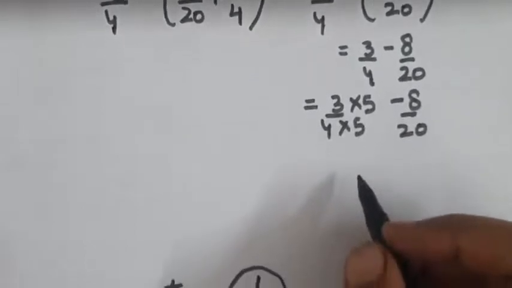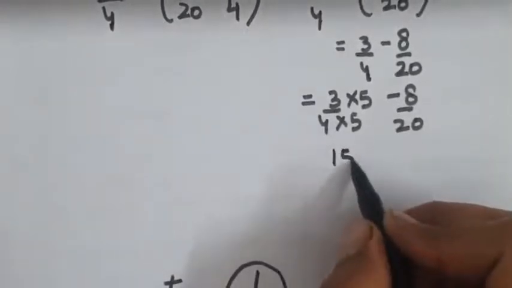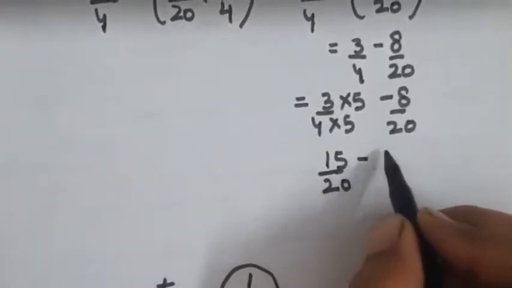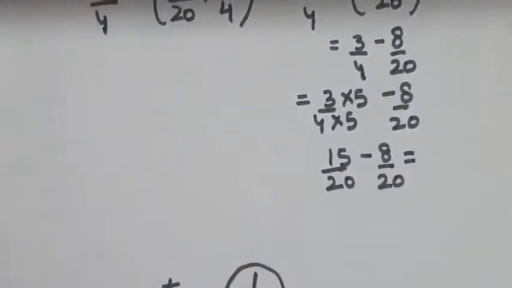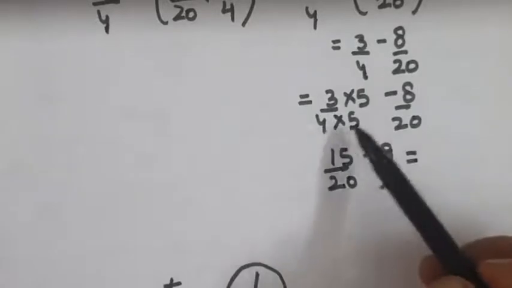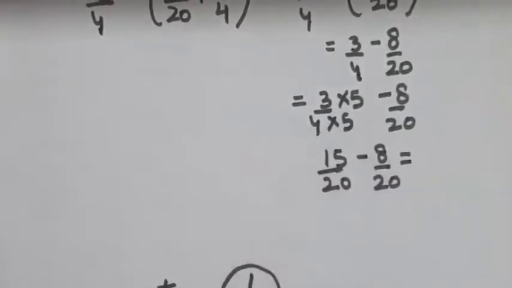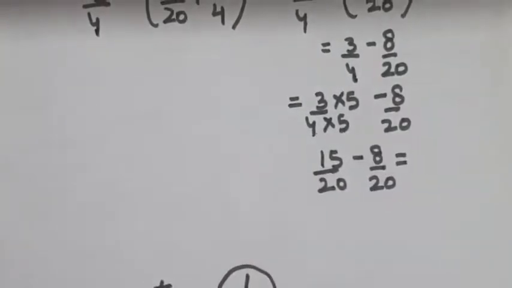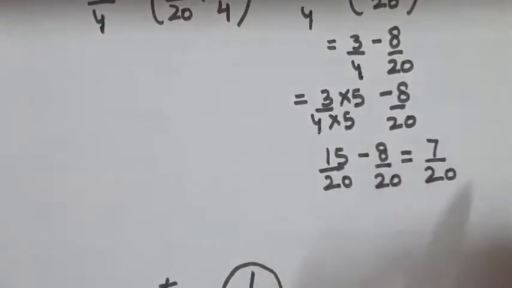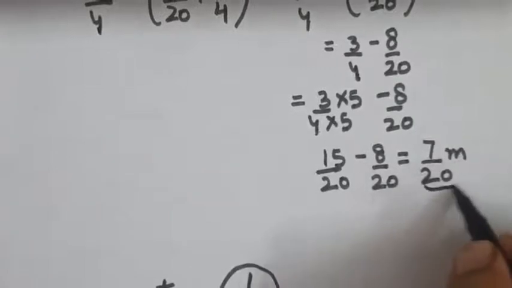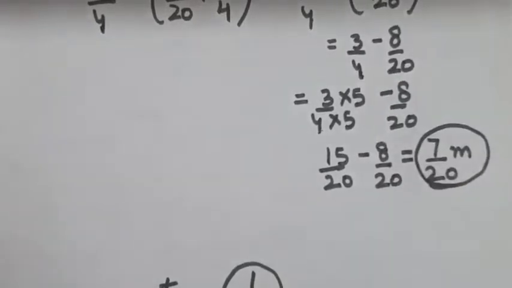So what we get is 15 upon 20 minus 8 upon 20. Clear? What we have done is just made the denominator 20. So now we got 7/20 meter, which is the length of the third piece.